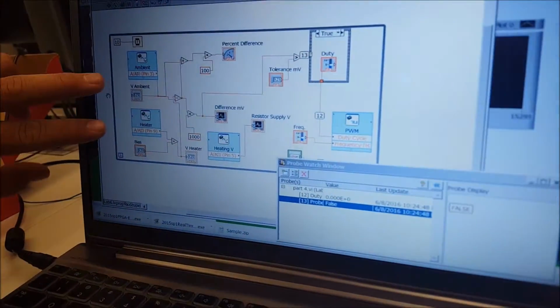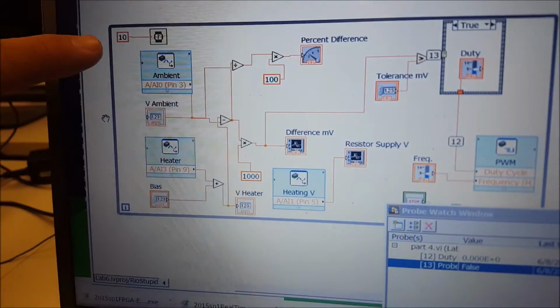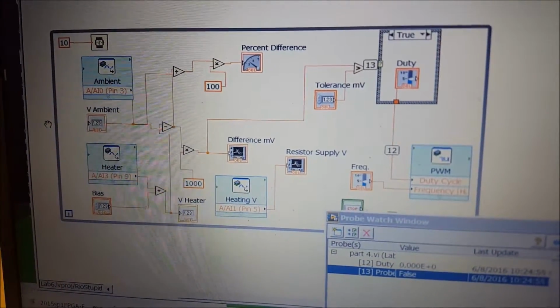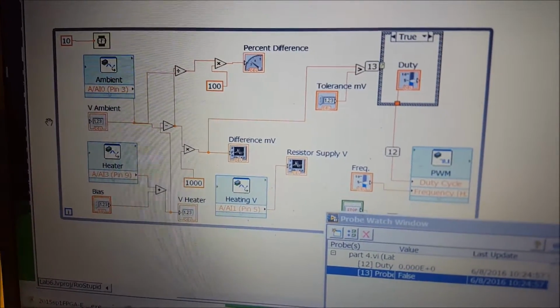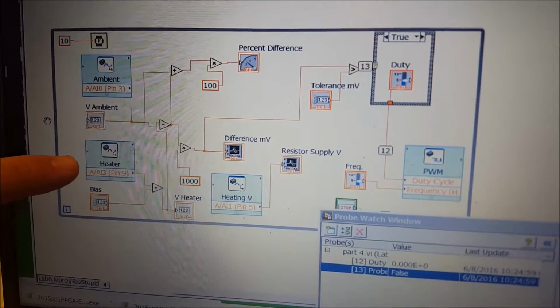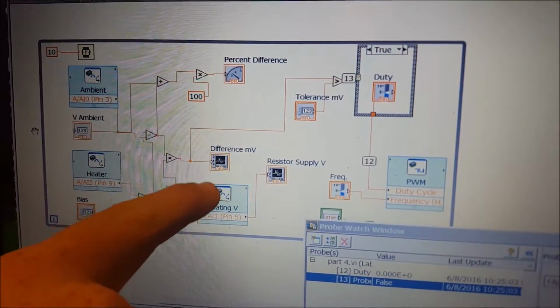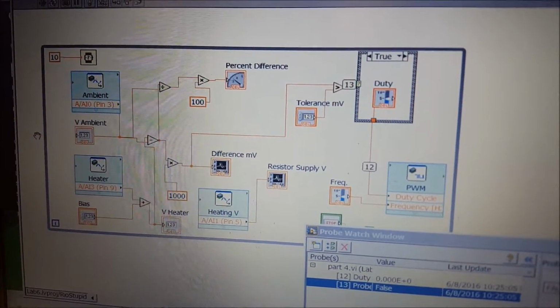So this is our circuit. What it's doing is taking these two transistors here, ambient and heater, and comparing them through this op amp right here. It's comparing to the ambient temperature to make sure that the heater is the same. So it's coming through here, and it's going to be multiplied by 1,000 to get the difference in millivolts.